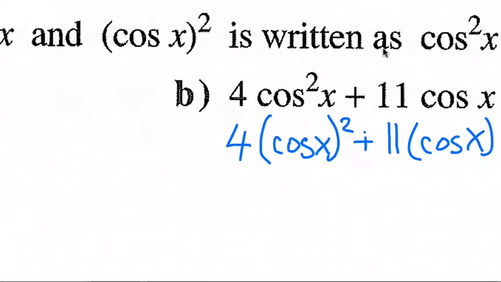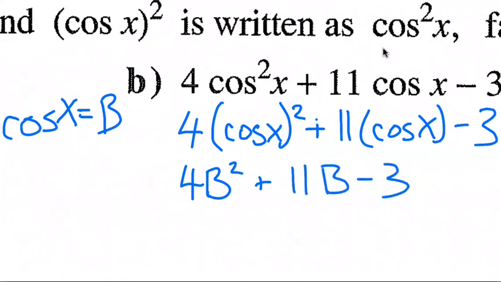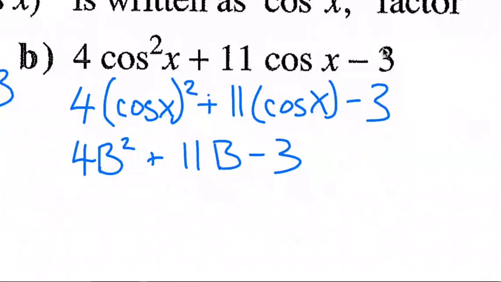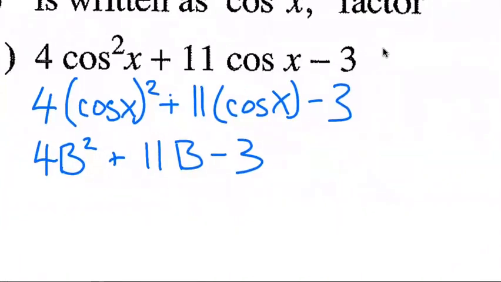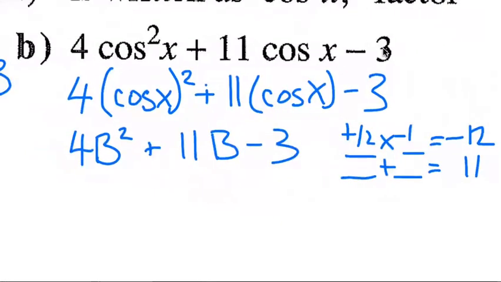And if we say, let's use a different letter, big capital B, cos x is equal to B. This is now 4b squared plus 11b minus 3. And now that's factorable. Well, we hope it's factorable. I'll look for two numbers that multiply together to give -12. Those same two numbers add together to give 11: positive 12, -1.